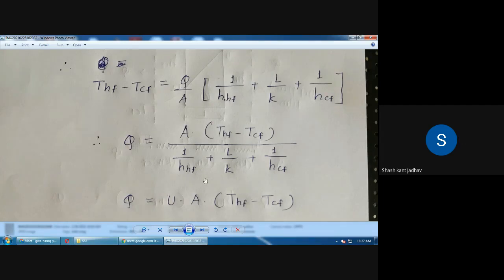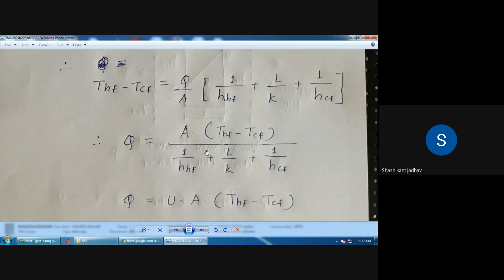Now compare these two equations. By comparing these two equations, we get the value of overall heat transfer coefficient for this system, the diagram that we have considered. How to calculate it, or what is the equation for this overall heat transfer coefficient?